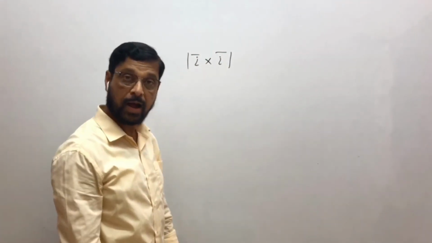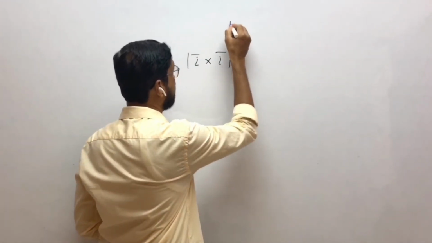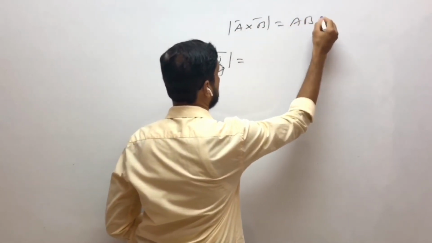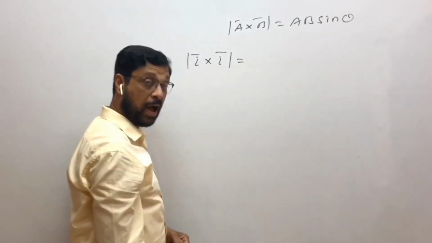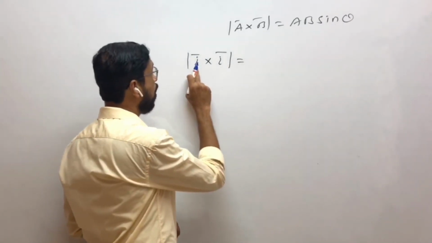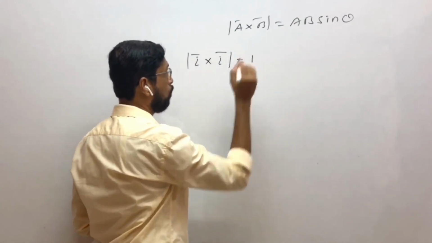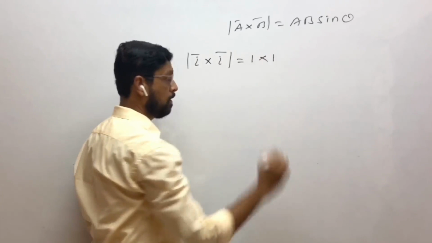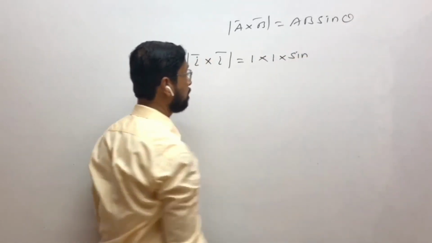Magnitude of I cross I will be equal to... now actually, magnitude of A cross B, what is it? AB sin theta. So magnitude of I cross I will be magnitude of I, which is 1, into magnitude of I, again 1, into sin theta.